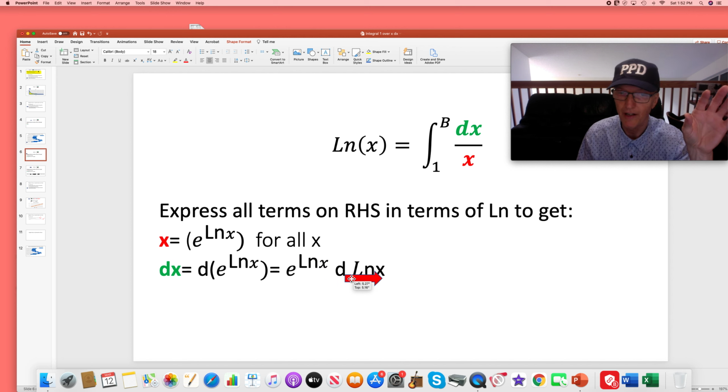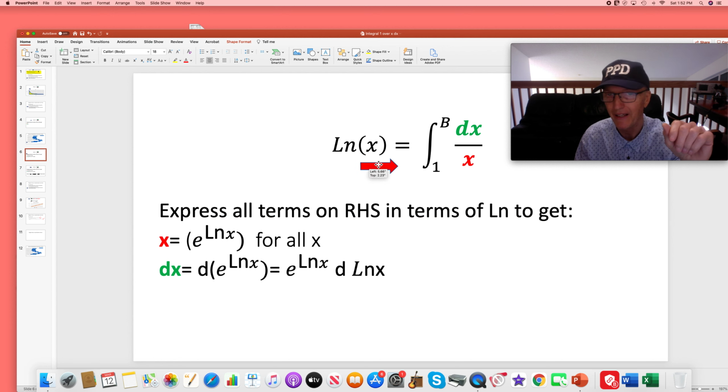So we have what x is in a general sense in terms of ln x, and we have what dx, the derivative of x, is in a general sense in terms of ln x. So we're ready to substitute these results back into the integral of 1 over x dx. We'll put it in terms of ln x, so that both sides of the equation are in the language of logarithms.